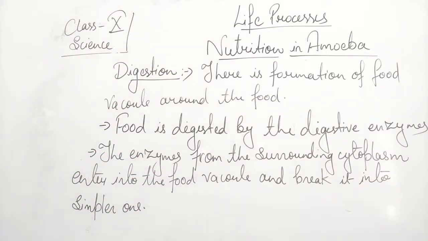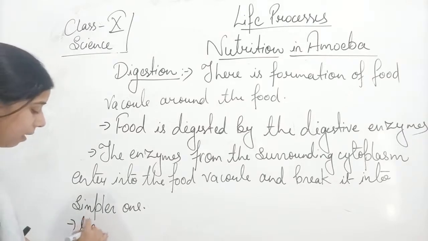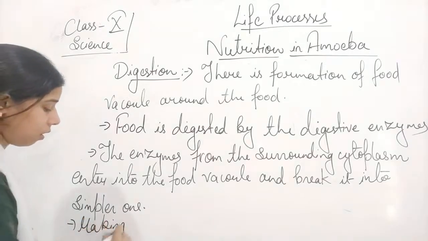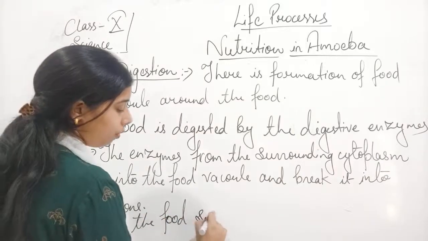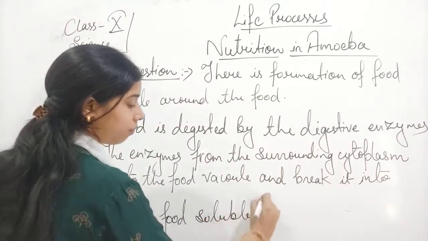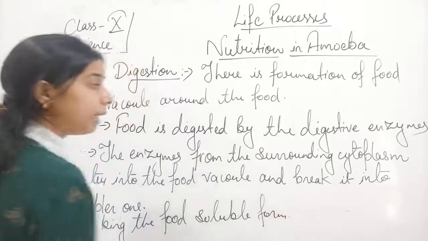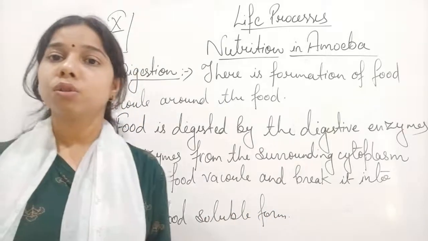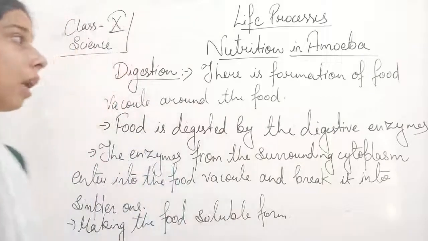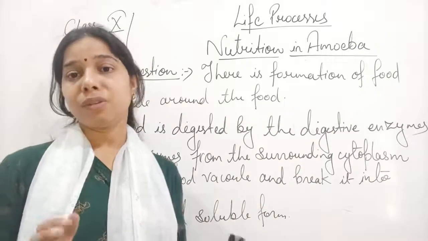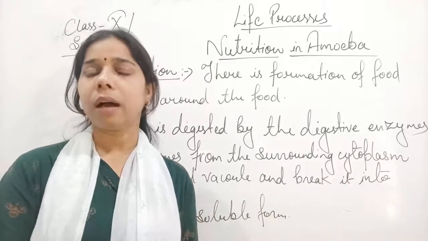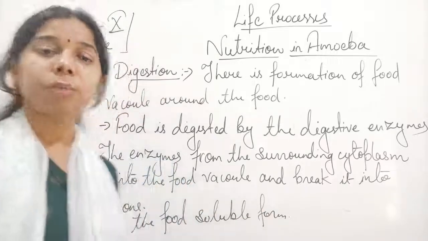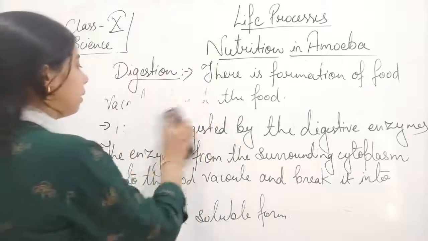Making the food into soluble form. Now we have seen that when it is in the food vacuole, the digestive enzymes start entering it and converting it into the soluble form of the food particle.